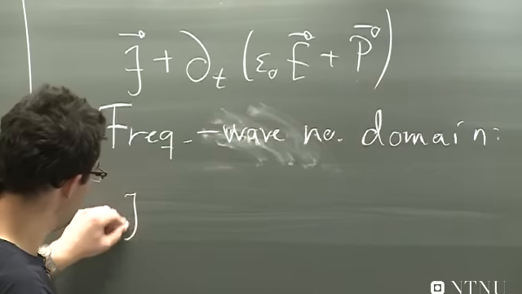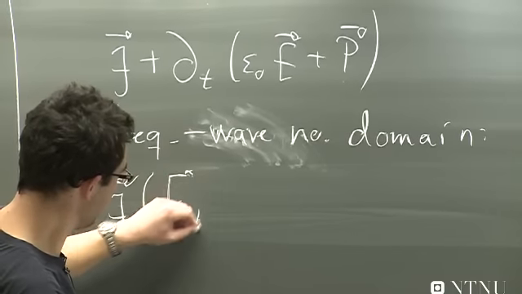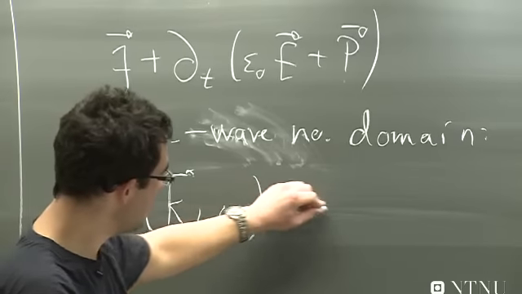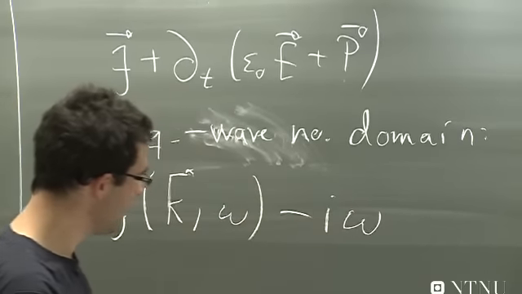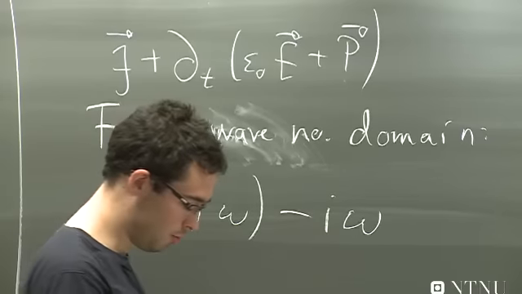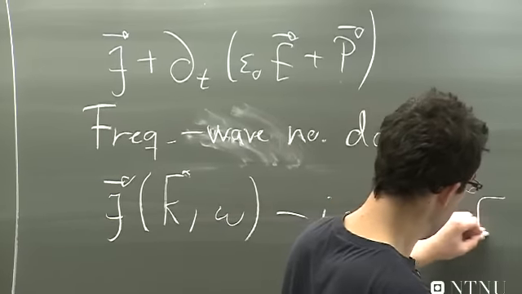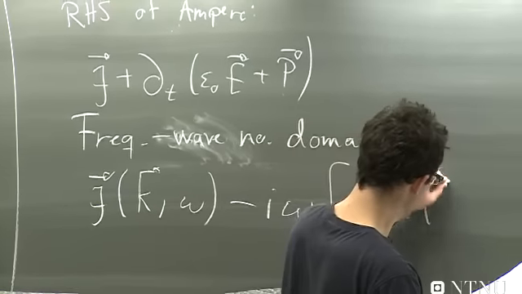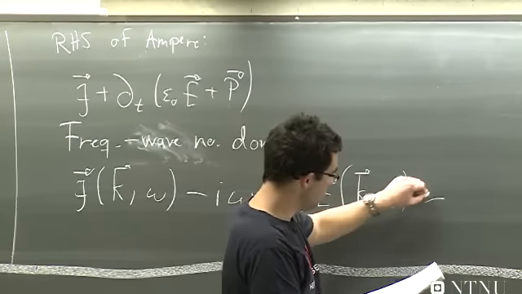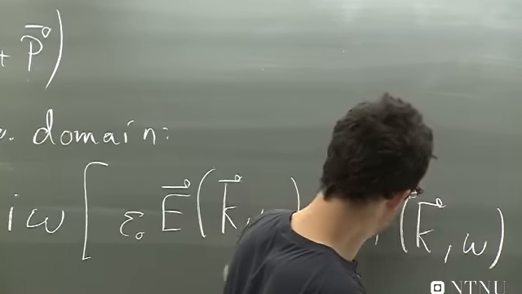We get J as a function of wave number and frequency rather than time, and then minus i omega, because derivatives, when you take the Fourier transform, are just multiplication by i omega, times epsilon naught E of k and omega plus P of k and omega.